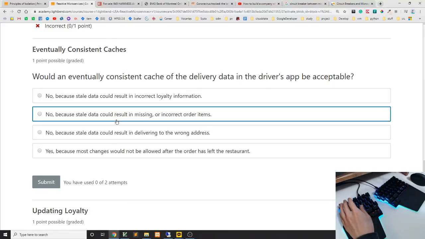Eventually consistent caches. Would an eventually consistent cache of the delivery data in the driver's app be acceptable?